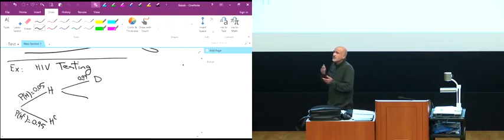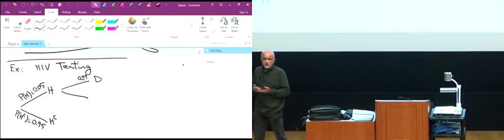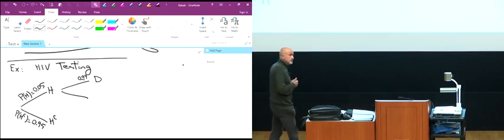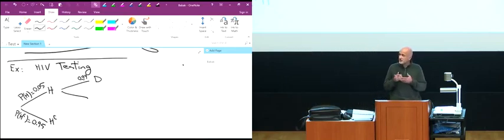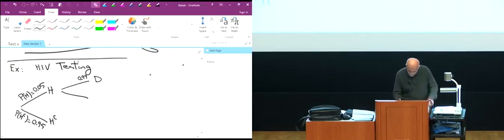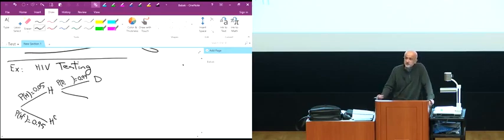That means if a person is actually infected, we will, 99% of the time, actually declare that person as infected. So D means declare as infected. How should I label this probability, by the way? Probability that the test will declare positive, given that the person is actually infected.